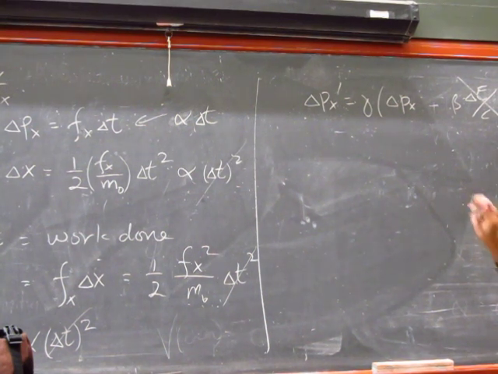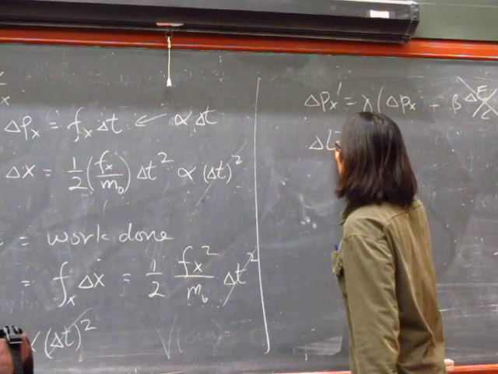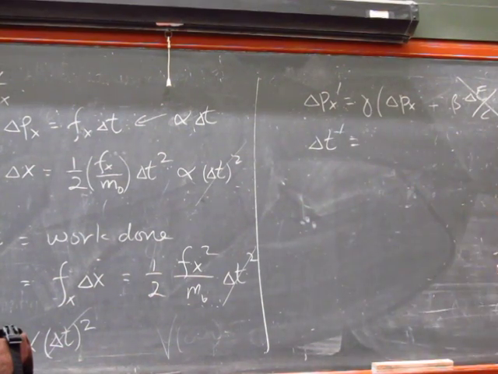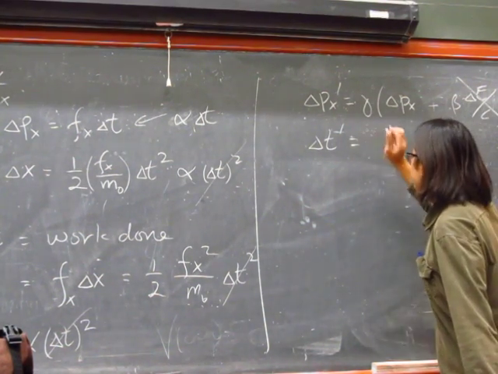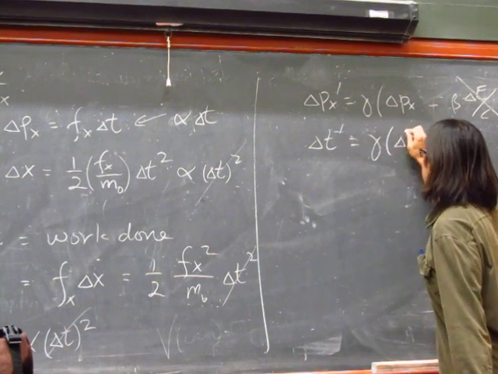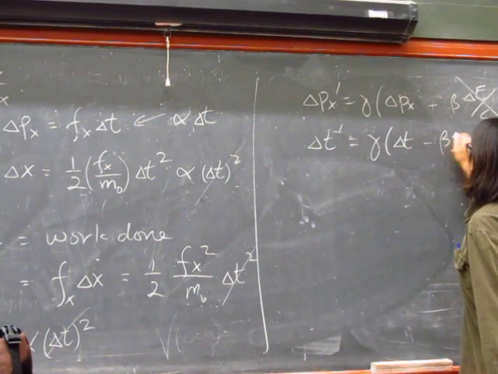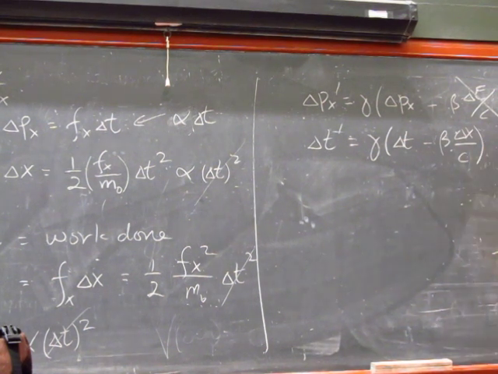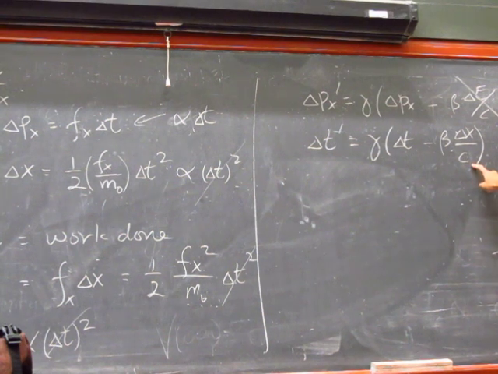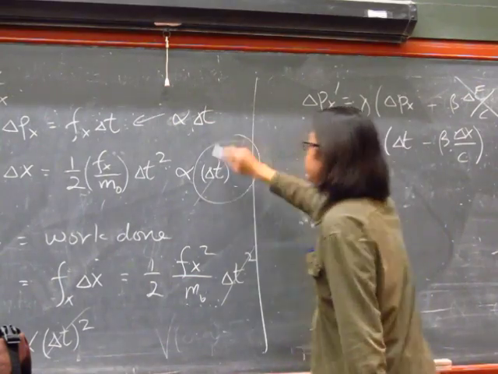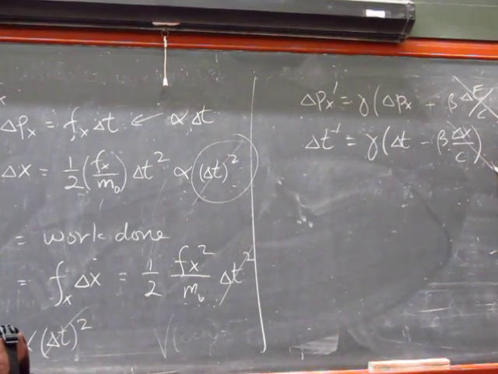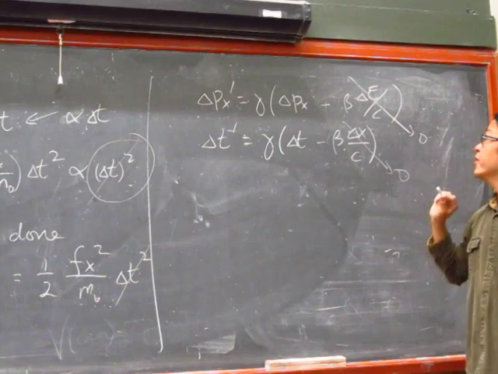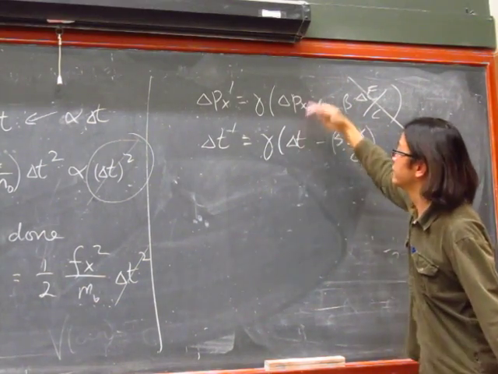Same thing with delta t prime. From the Lorentz transformation, if you recall, delta t prime is equal to gamma (delta t minus beta delta x over c). Also delta x is proportional to delta t squared, so I'm going to drop that too. So I'm left with just this expression.